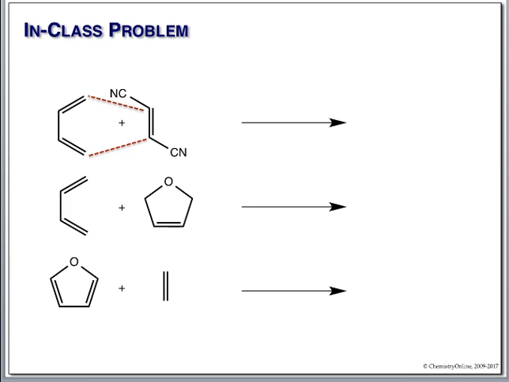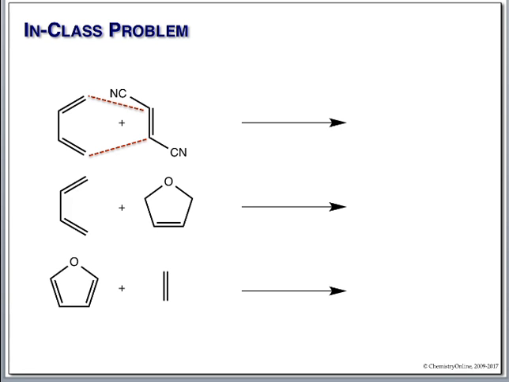The bonds we're going to make are going to be these. Now, the dienophile that I gave you has stereochemistry, doesn't it? This is a trans dienophile. Remember the rules. The stereochemistry of the dienophile is preserved.